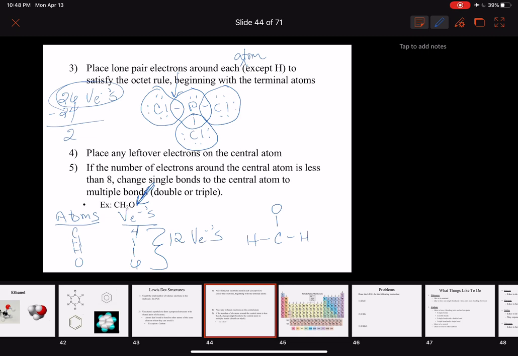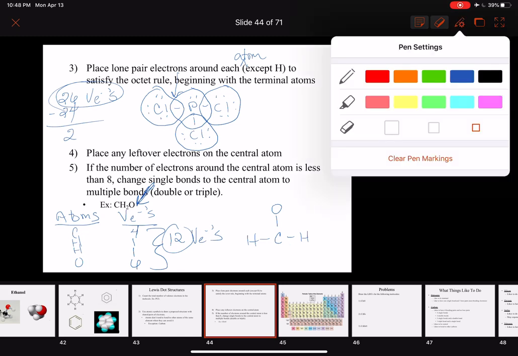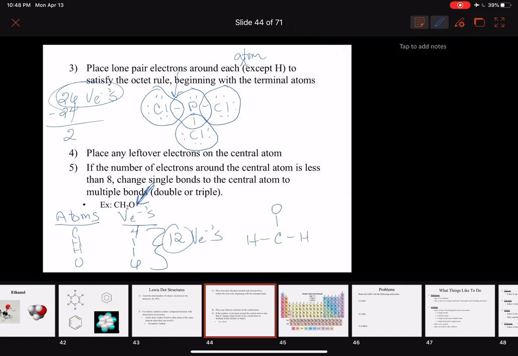So we've used up 2, 4, 6 of our valence electrons out of our 12. And that means that we have 6 left over. So what we want to do is we want to follow the rules. And the rules say that we're going to distribute the leftover electrons to our terminal atoms except when they're hydrogen, because hydrogens only like to have a duet.